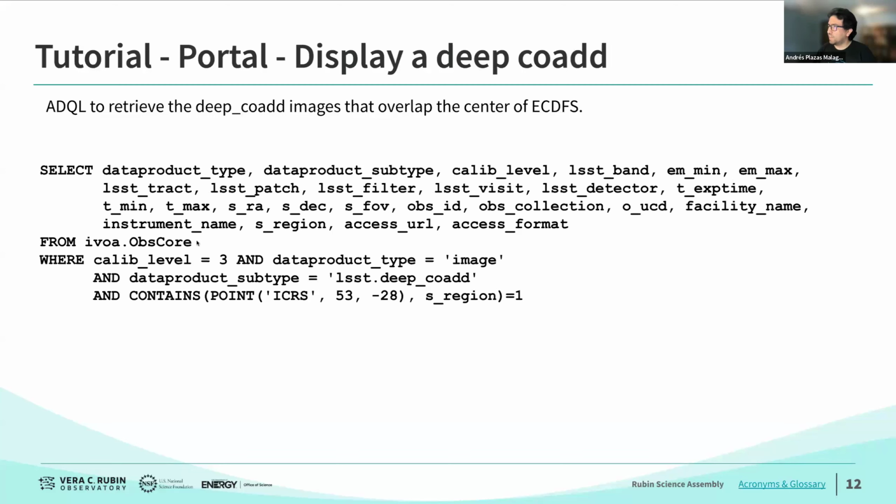Notice that this underscore is the one that's gonna give us the images, but you notice here that the constraint has the calib level 3. We also give an extra constraint about the image, and another constraint for the data product subtype, deep coadd from LSST, and we're gonna retrieve a region around the center of the field.